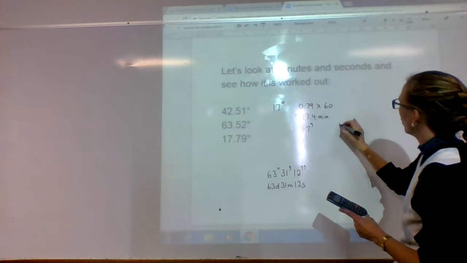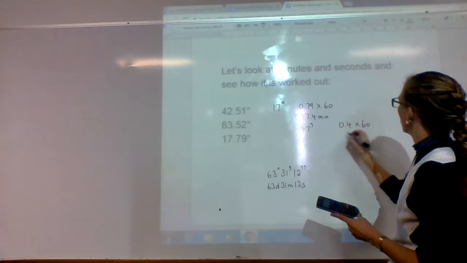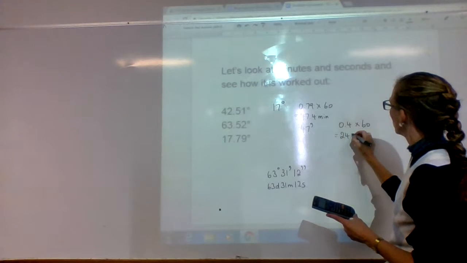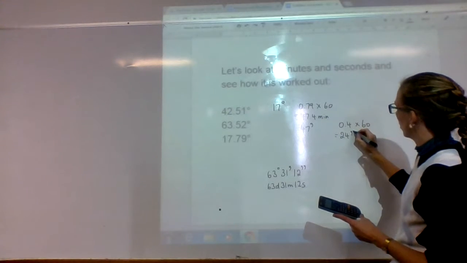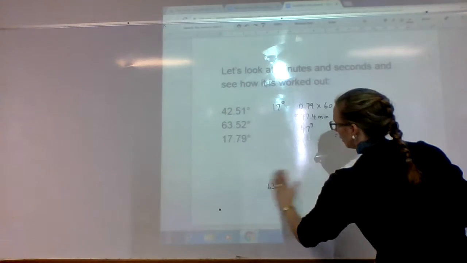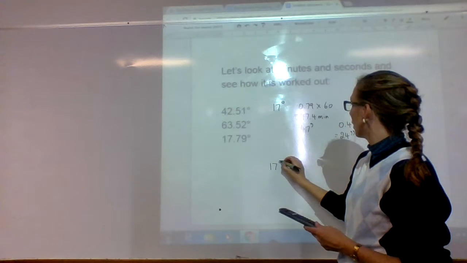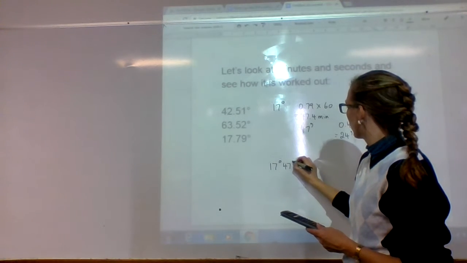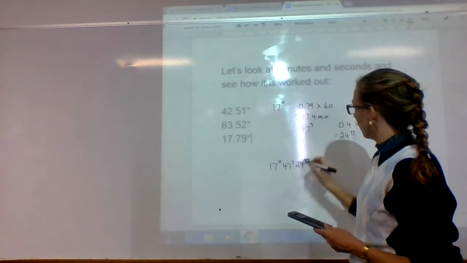Then I want 0.4 of a minute, which is equal to 24 seconds. So my answer, or my conversion, is 17 degrees, 47 minutes, and 24 seconds.